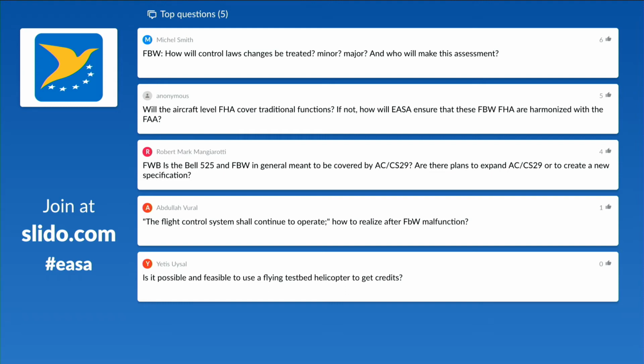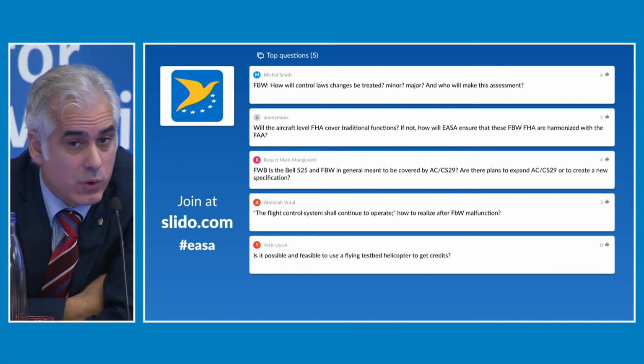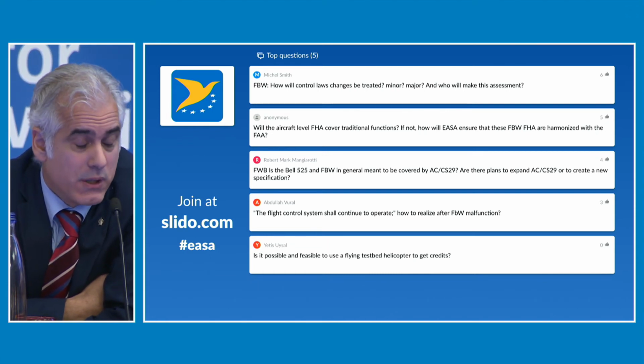I don't believe there's anyone in this room that believes that control law changes should be treated as minor, especially when we're talking about the control laws themselves. We're not talking about an outer loop gain or so. You have thousands and thousands of gains in every control law, and depending on each of the loops that you're building, the sensitivity of the control laws can be great.